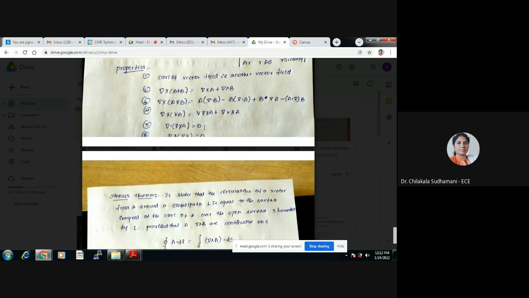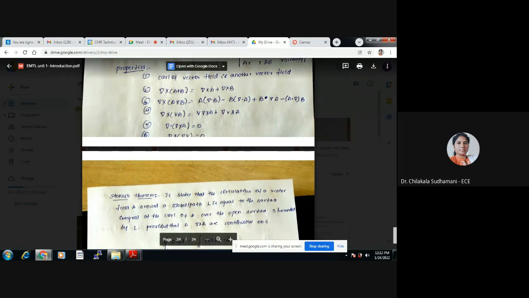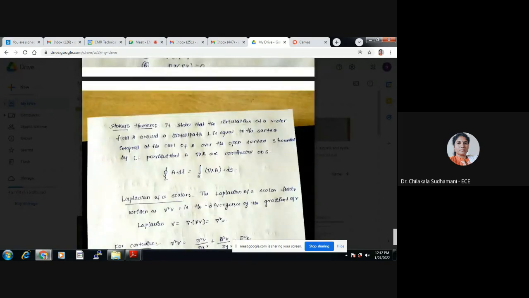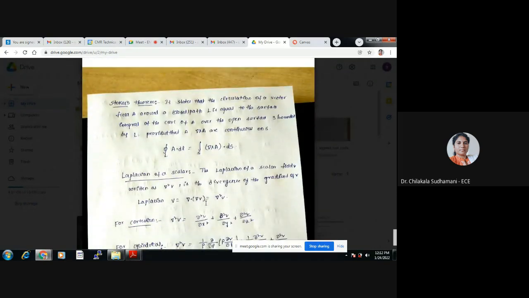Then, by using these properties of the curl operation, I am going to propose one more theorem, that is Stokes theorem. In the previous case, divergence theorem, what is the divergence theorem? The volume integral of the divergence of a vector is equal to the closed surface integral of that vector.